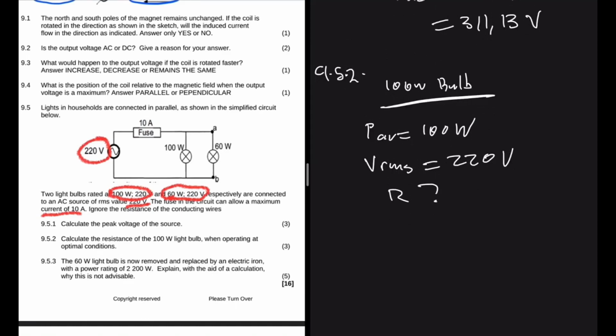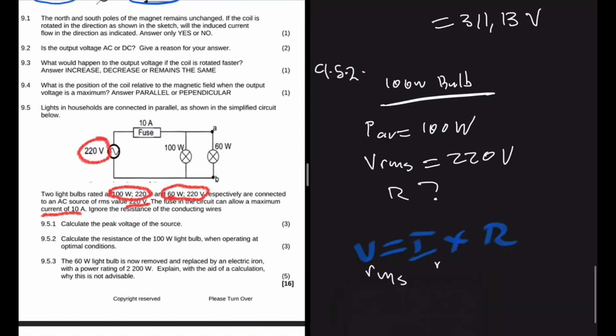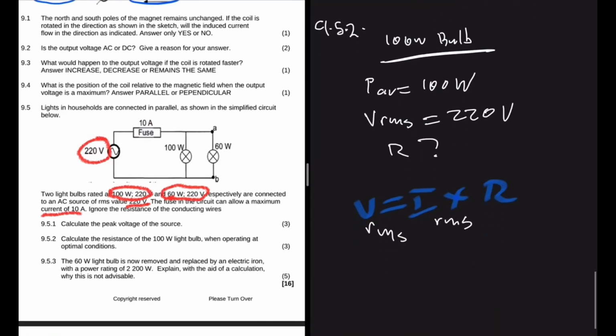When you're working with electrodynamics, instead of having, let's say, V equals I multiplied by R, you instead have VRMS and IRMS, and you're gonna use VRMS and IRMS when you're calculating power too. Let me just erase this and we carry on.